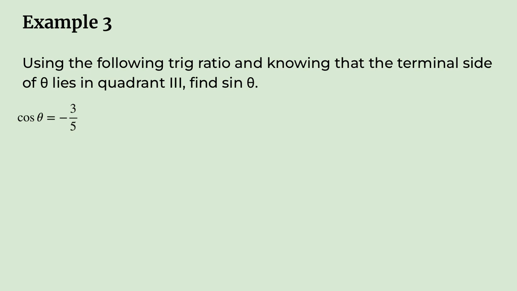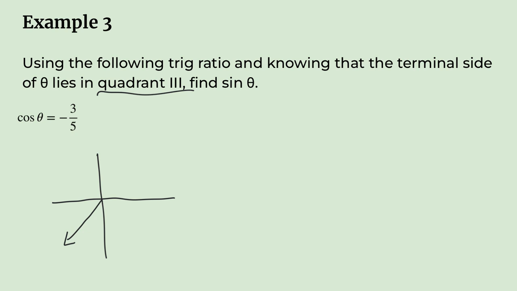So for example 3 then, we know that this cosine of negative 3/5 is going to be in quadrant 3, because cosine when it's negative is either quadrant 2 or quadrant 3, and then we're told that we're in quadrant 3.